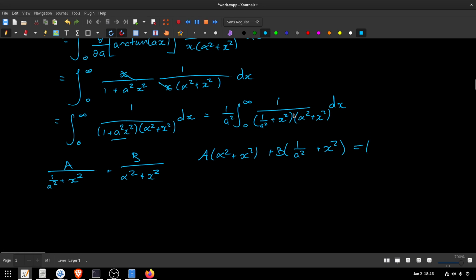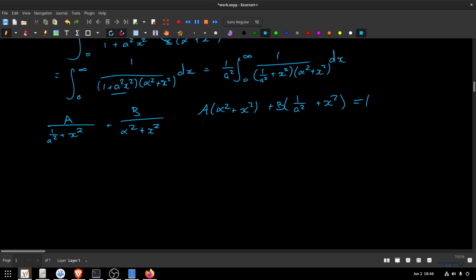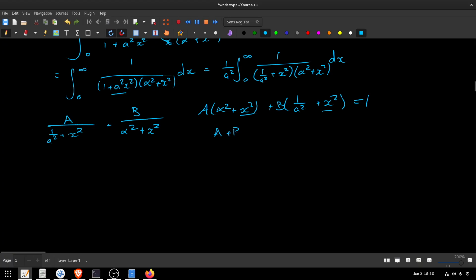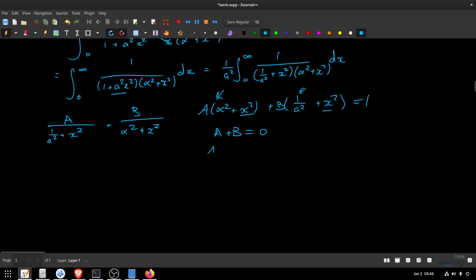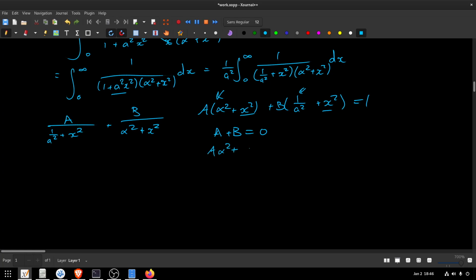We can go ahead and solve this quite easily using just comparing coefficients. So we know that all the stuff with the x squared must sum to 0. So in this case, it's just A plus B is equal to 0. And all of the stuff with these alpha and a constants must just sum to 1. So that's going to be A alpha squared plus B over a squared is equal to 1.